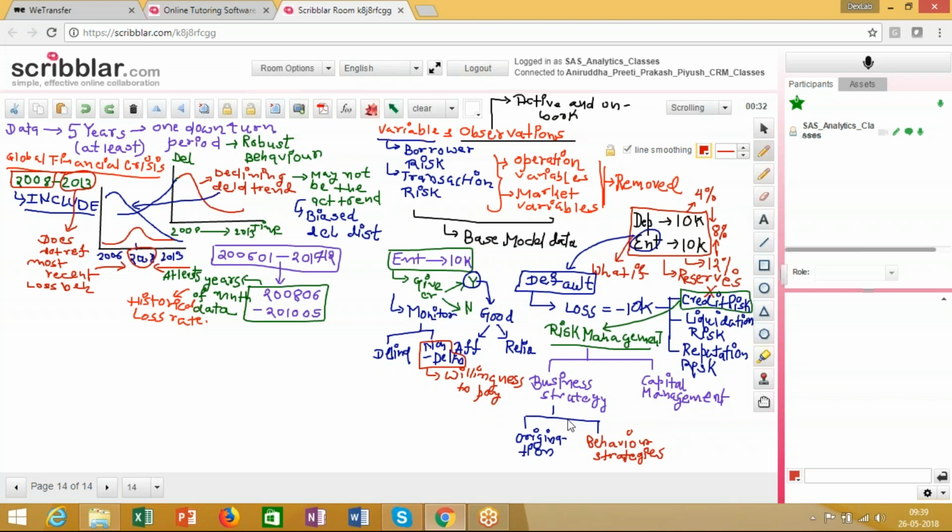And capital management must be done such that the following losses are taken care of. So first is the expected loss, the amount of loss that the business expects. The second is the unexpected loss, which is the variation about the expected loss.